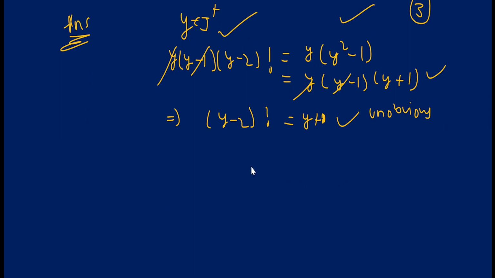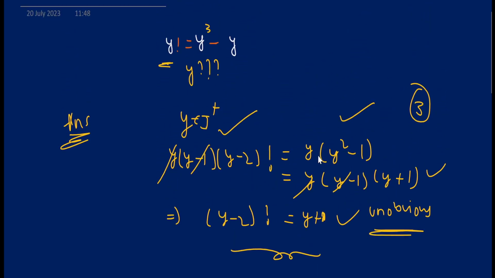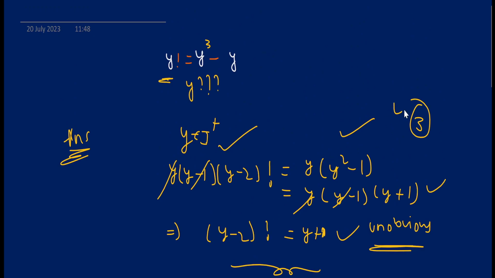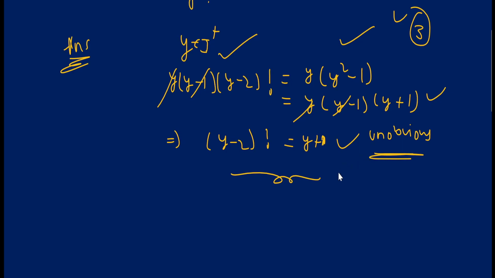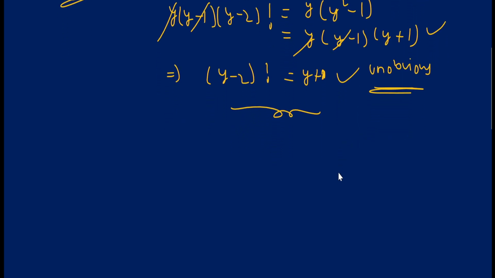You have to perform some steps irrespective of whether you are reaching an unobvious equation or the obvious equation, obvious in the sense where you can directly see the answer. Here we are unable to directly see the answer, but still we made 3 steps to reach this unobvious equation. After reaching it, we have to move forward by performing some more mathematical steps.